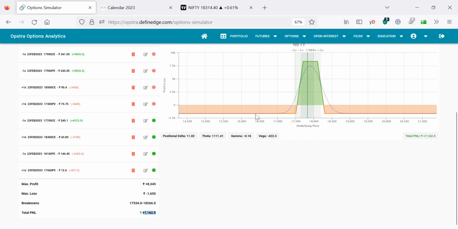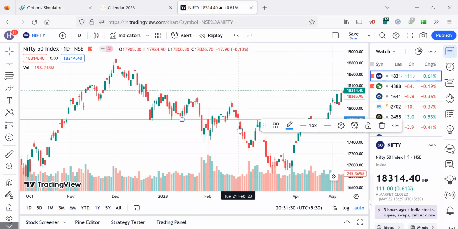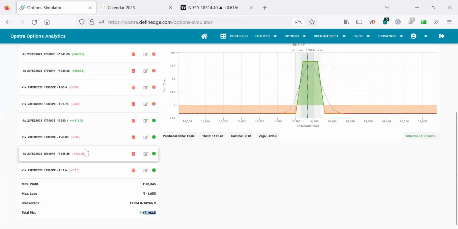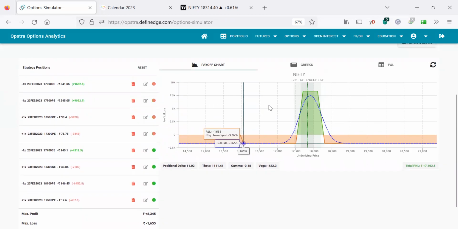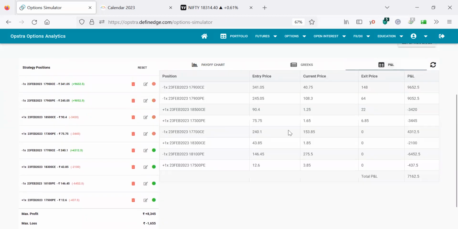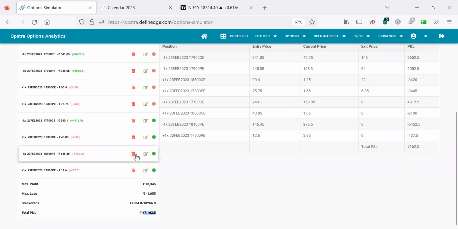Let's say the market is going down like this, so we are unsafe on the put side. So we'll see wherever our put is there. It is the 18,100 put. We can book that put and shift it with, let's say, 20 points, because that much we can give to the market.